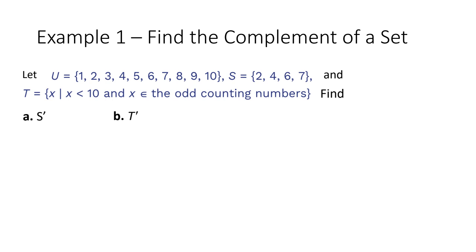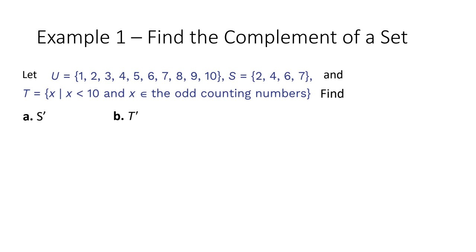Notice that U represents the universal set, and S and T are smaller subsets. U is the largest one. So for this problem, we're only considering numbers 1 through 10. So 11, 12, negatives, 0, they should not be part of the problem, only what is inside the universal set.